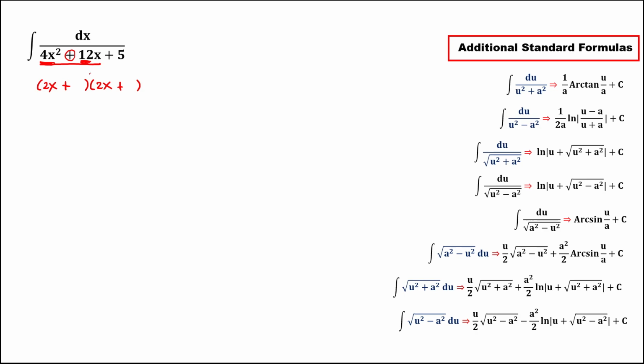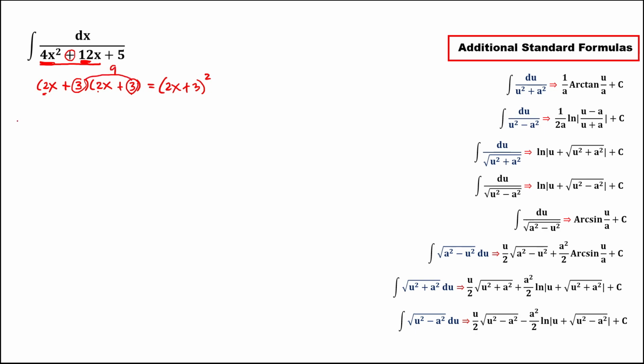Then for this 12, since we have 2, therefore we can use 3 times 3, because 3 times 2 is 6 and 3 times 2 is 6. So 6 plus 6 is 12. So this is equal to 2x plus 3 quantity to the power 2, and since 3 times 3 is 9.